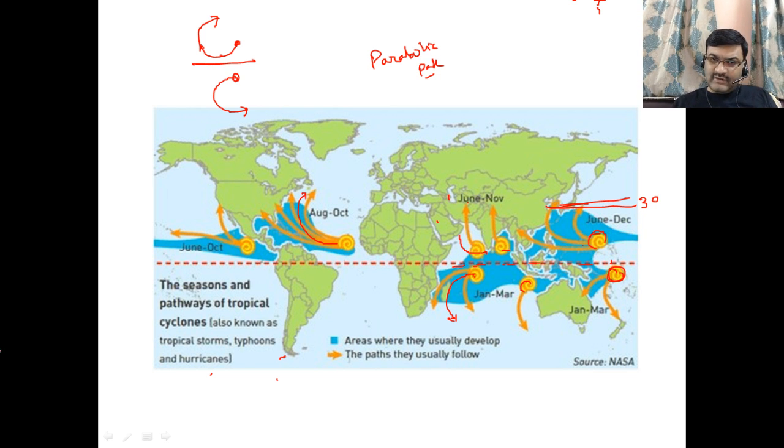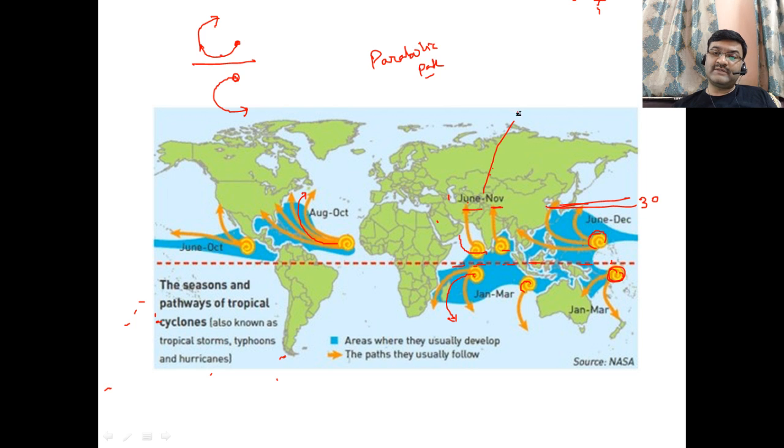See, in the case of India, you will have cyclones in June and November. India is characterized by cyclones at the start and end of the southwest monsoon.